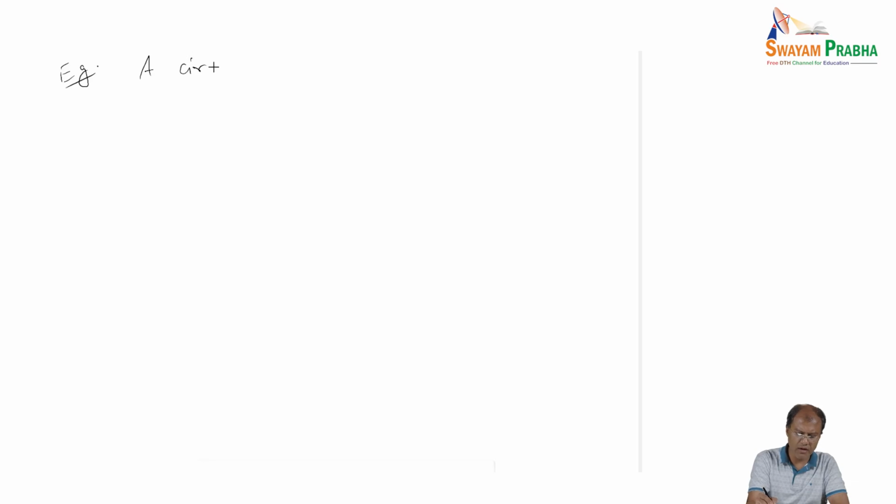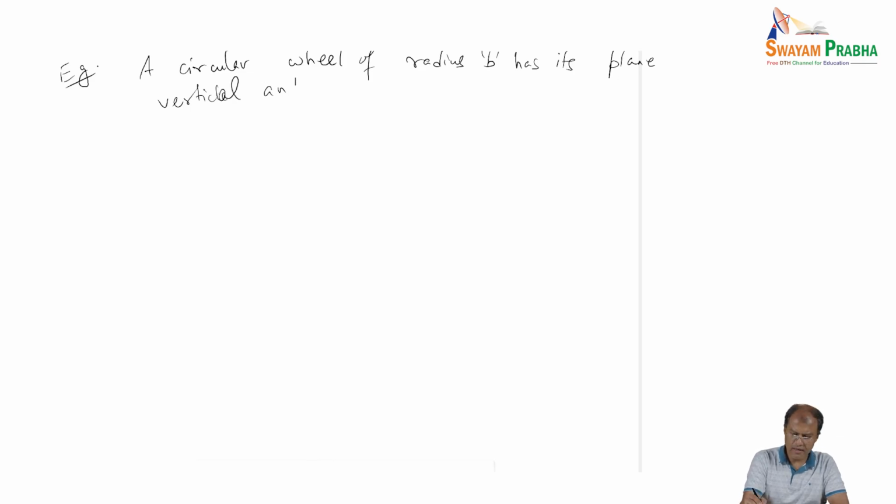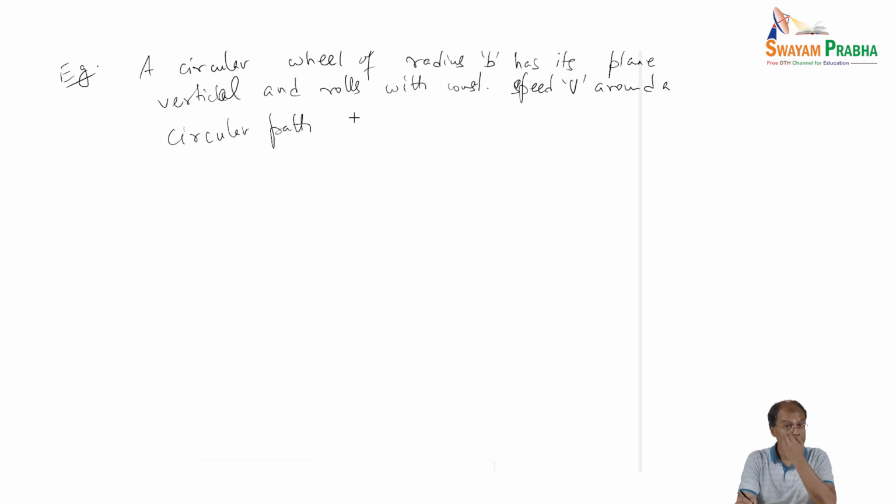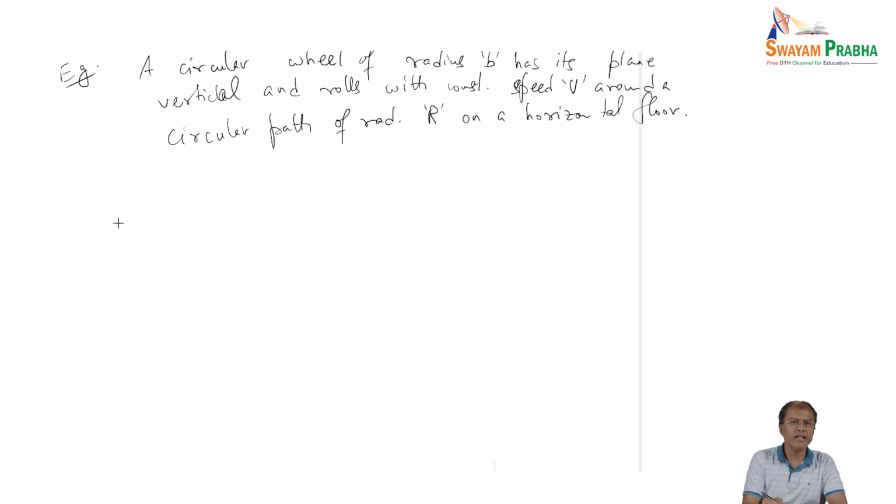The problem says we have a circular wheel of radius b, has its plane vertical, and it rolls with constant speed v around a circular path of radius r on a horizontal floor. And we want to find the angular velocity of the ball.